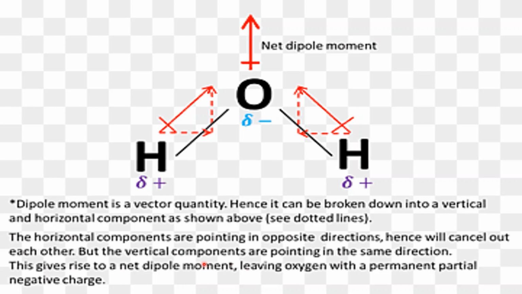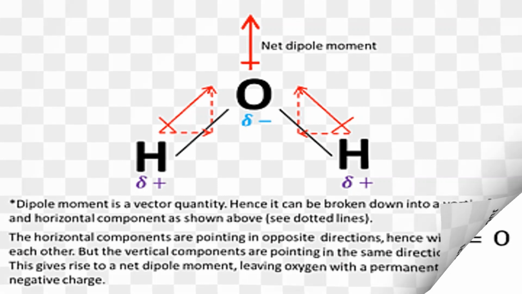But the vertical components are pointing in the same direction. This gives rise to a net dipole moment, leaving oxygen with a permanent partial negative charge. So both vertical components are in the same direction, and the water molecule has a dipole moment.